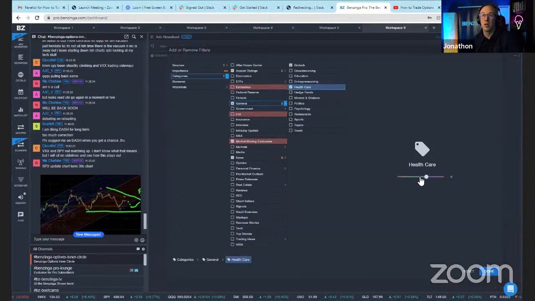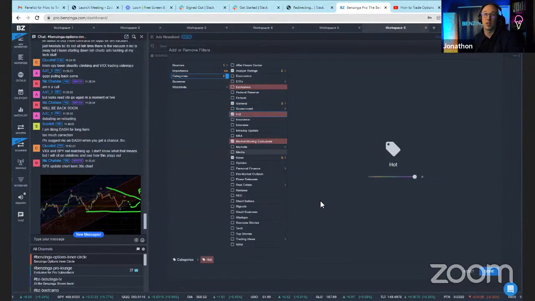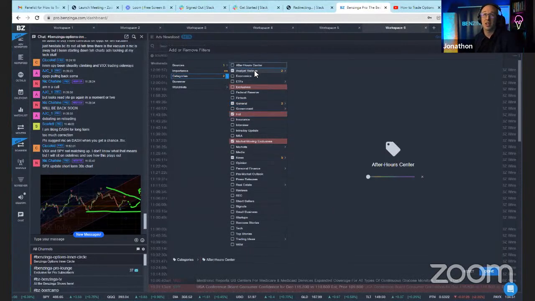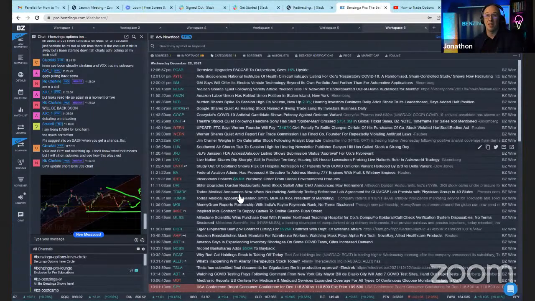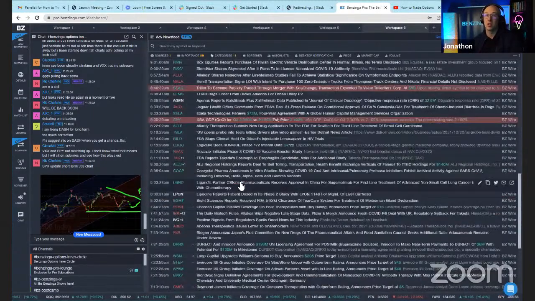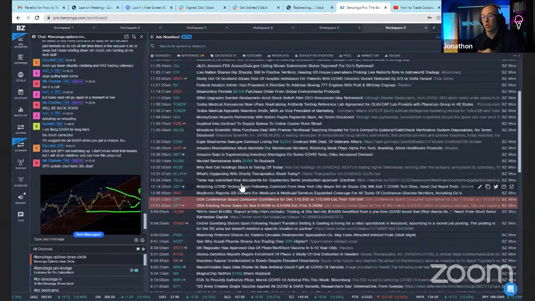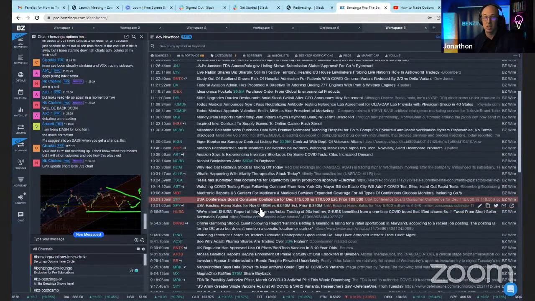And then of course you can also highlight some of these if you want to, so they pop out at you more on your news feed. So as I'm checking those boxes, I'm telling the system, only give me this type of news. And so it significantly reduces the noise on my news feed, and I can stay more focused on things that apply to my trading strategies.